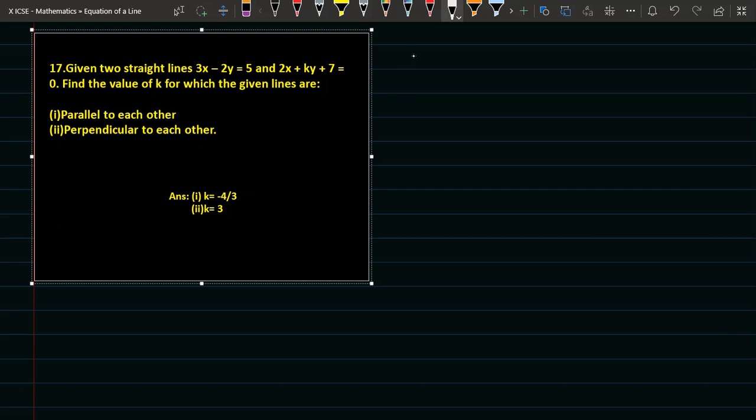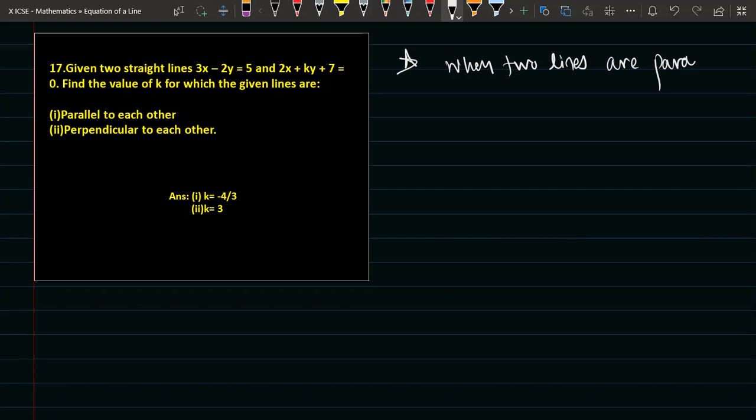So we know one fact: when two lines are parallel, m1 is equal to m2.